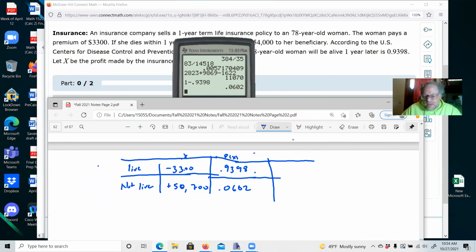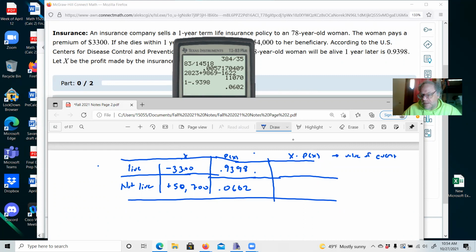The next column I'm going to have is x times P of x. We're going to multiply these two columns together. That's why I put the negative in here, because I want a negative value to come out of my expected value. So this is the value of the event times the probability of that event happening.